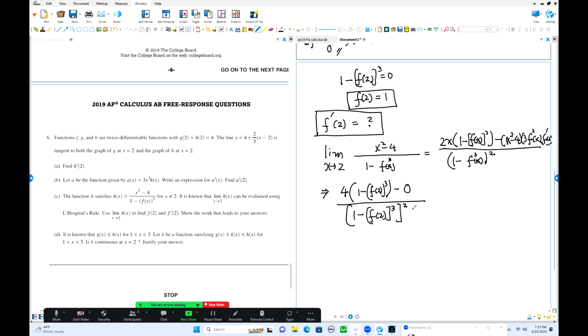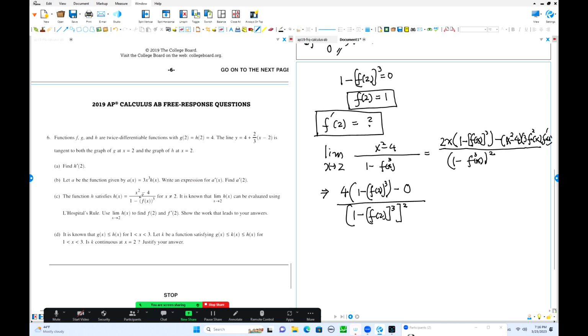There is a limit value there. Let me figure it out. H of x, oh boy, we cannot do this.